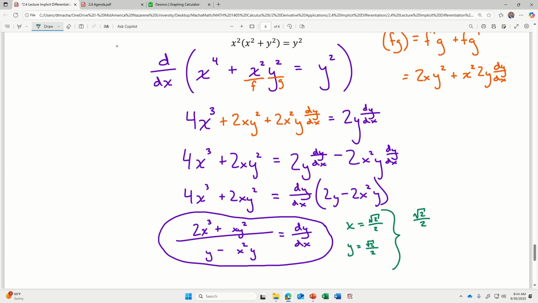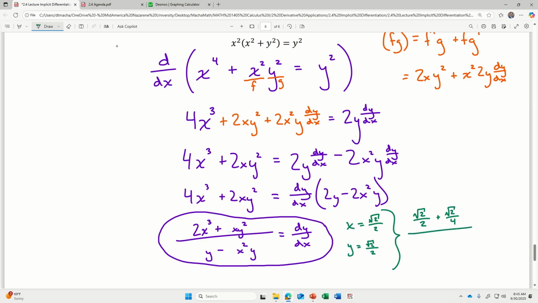So think about square root 2 over 2 cubed. There's going to be 3 copies of square root 2 in the numerator, 3 copies of 2 in the denominator. I think it's going to be square root 2 over 4 when you're done simplifying.